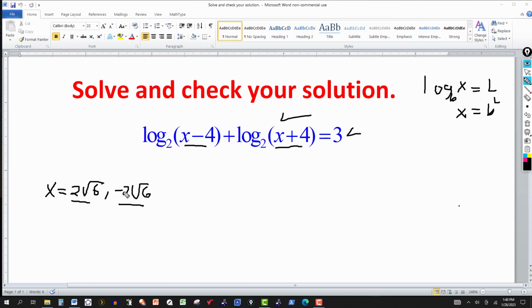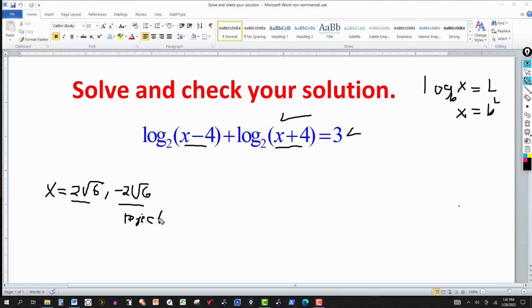But see here, minus 2 square root of 6, if I try to plug this in to check it, it's going to give me the log of a negative, because 2 times the square root of 6 is close to 5, and with a negative, this will come out negative. And in this expression over here, you have negative 2 square root of 6 minus 5. That's going to be negative. So you've got to reject this one. That's all you have to do to check that one. Just make sure you don't get the log of a negative.